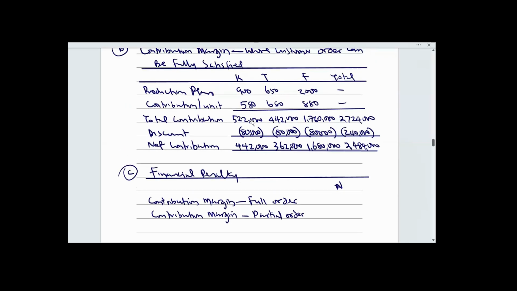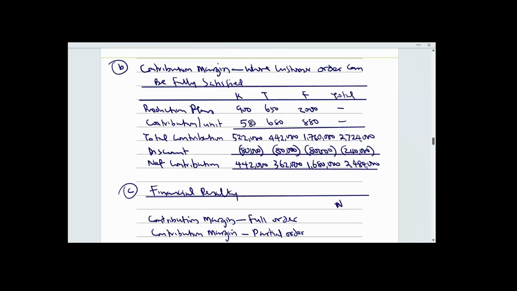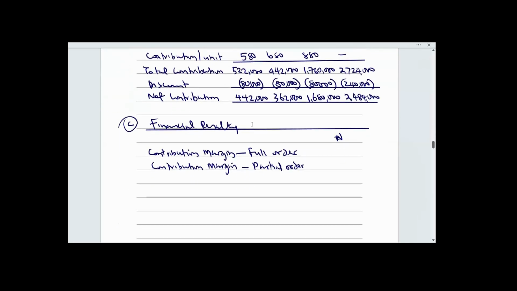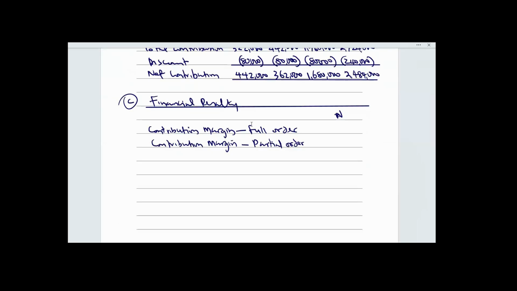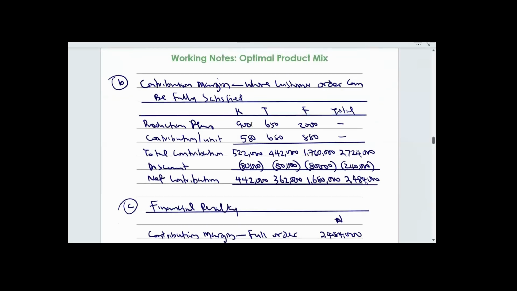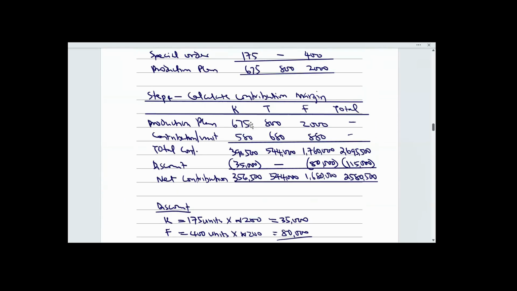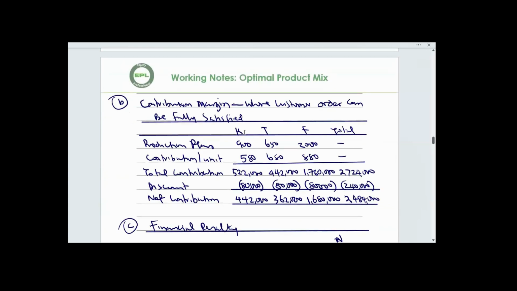The first one, where customer order can be fully satisfied, is 2,484,000. Then the contribution margin where we can partially satisfy customer order is 2,580,500.